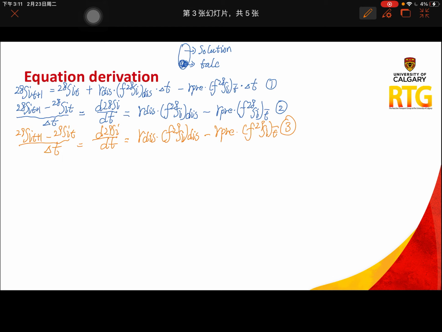So we can describe the dissolution rate in equation 2.